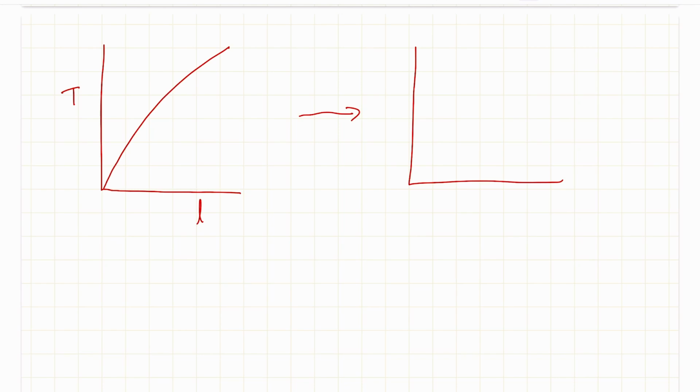Don't forget that this time I've said that y is proportional to the square root of L. So, in other words, T is proportional to the square root of L, which means T is equal to some constant times the square root of L. Now, if we want to put that into a straight line graph, and don't forget a straight line graph is in the form y equals mx, what we could do is plot T against the square root of the length. And if that relationship is correct, we should get a straight line through the origin.